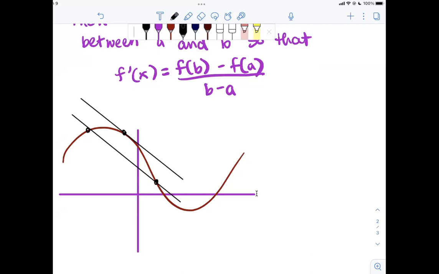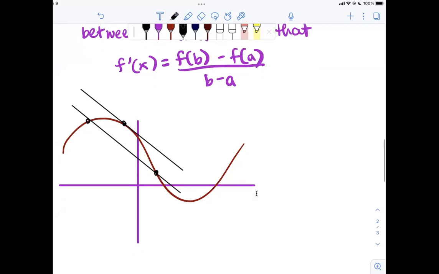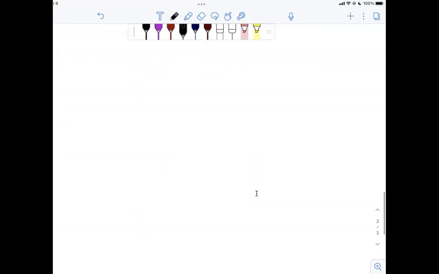So here's an example. Let f of x equal x squared plus 1, on the interval from 1 to 3.